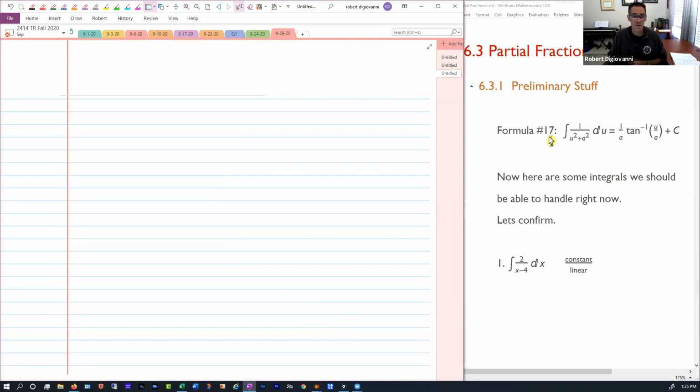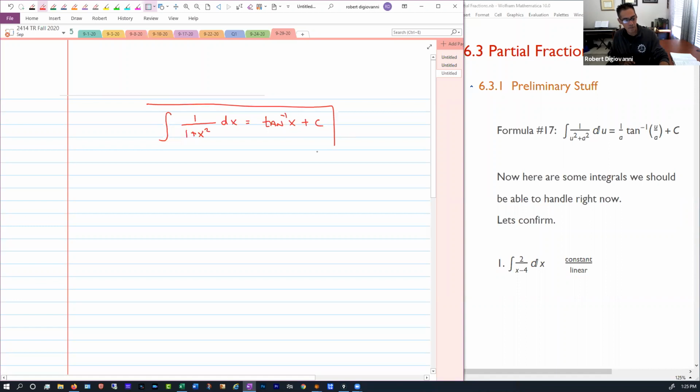We are going to use this a lot. We've seen this formula before. In the beginning of class, I gave you this and said, please put stars next to this. The answer to this is arctangent of x plus c. Do you remember me giving you that? Okay, formula 17 is basically that formula with one change.